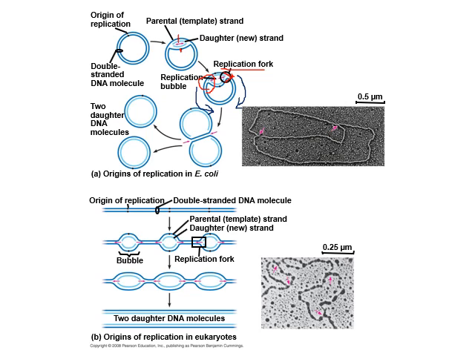Now, this is different than us eukaryotes. Since our chromosomes are linear, you're going to have multiple origins. Still, the double helix is going to be pulled apart. You're still going to have replication forks on either side, and these replication forks are going to go away from each other as the bubble gets bigger and bigger.